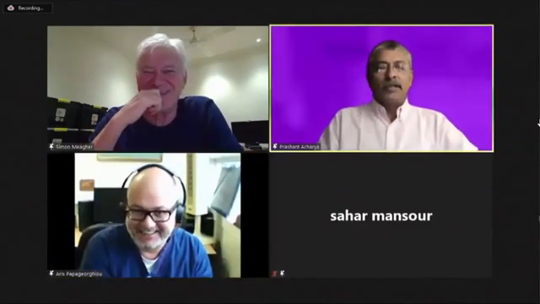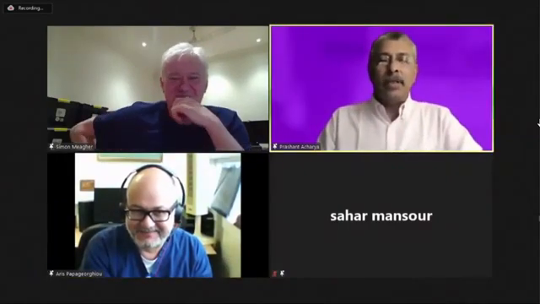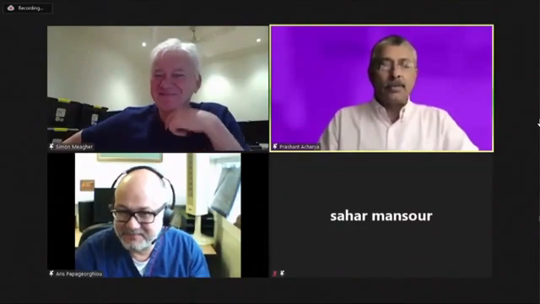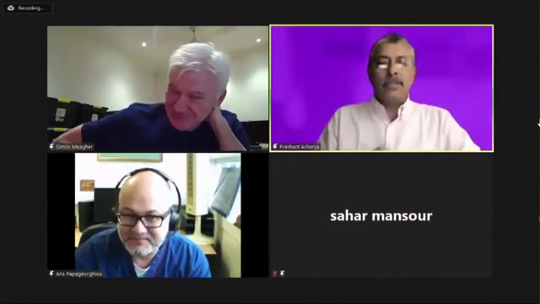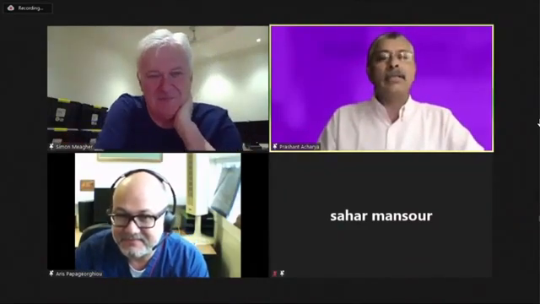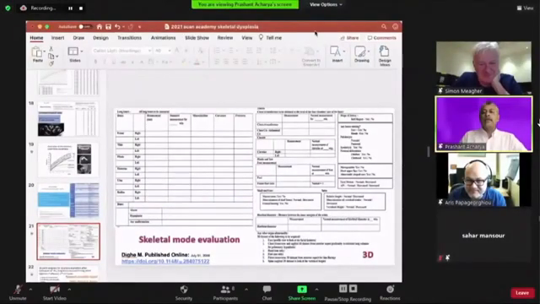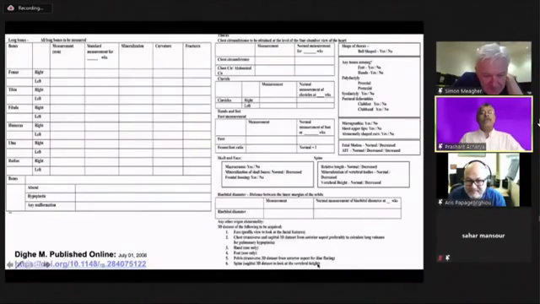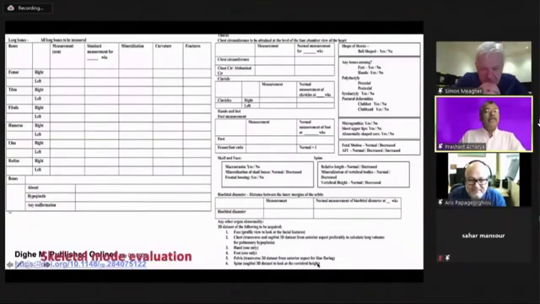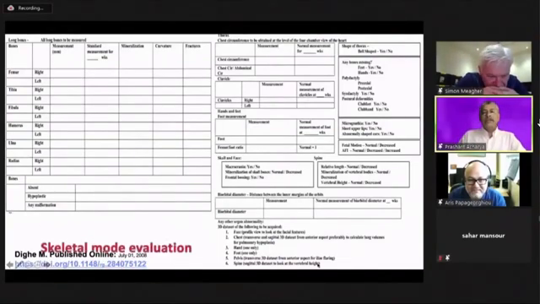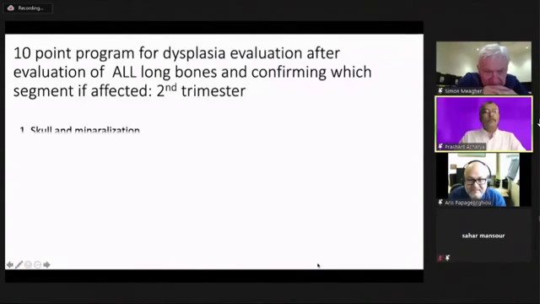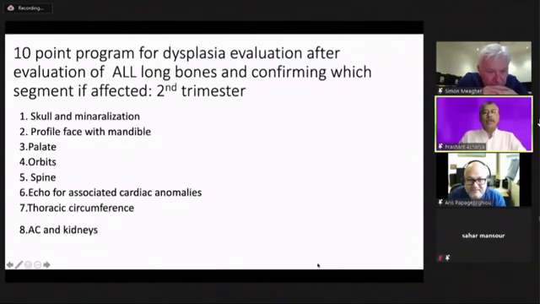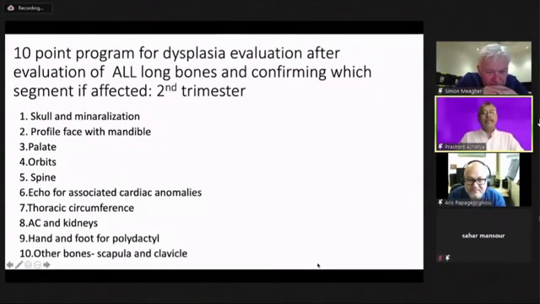No problem. Now we have, on request, developed that checklist for the second trimester, which somebody had asked me. So I'm just sharing that slide with you so that you can click that for your information. This is the slide on the entire thing. This is a reference which was published in 2008, and when you have got these kind of things, we need a proper program, a checklist, which we have developed as a 10-point program.